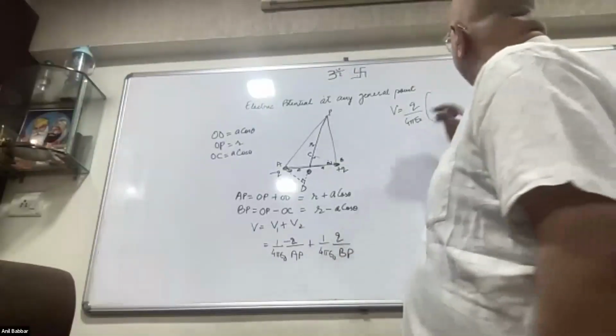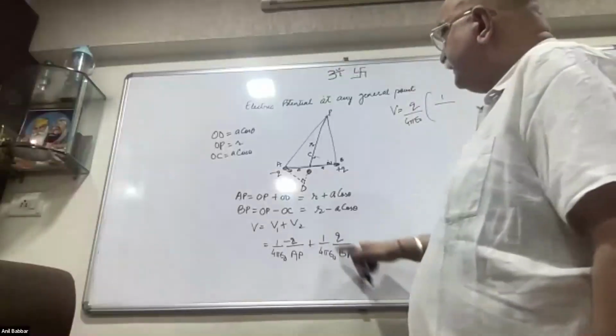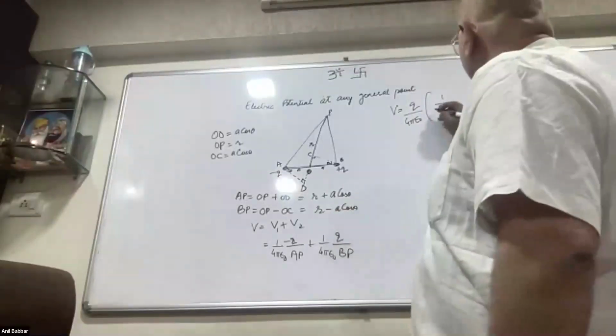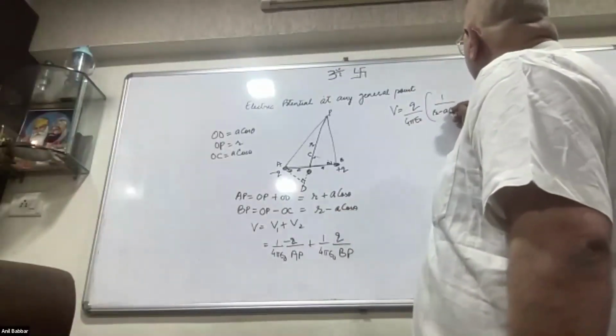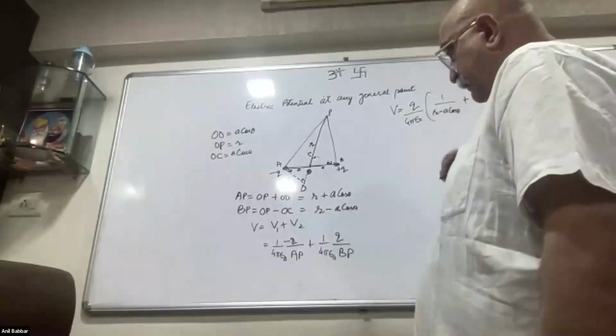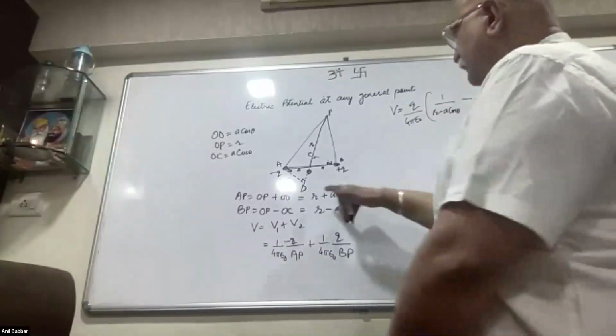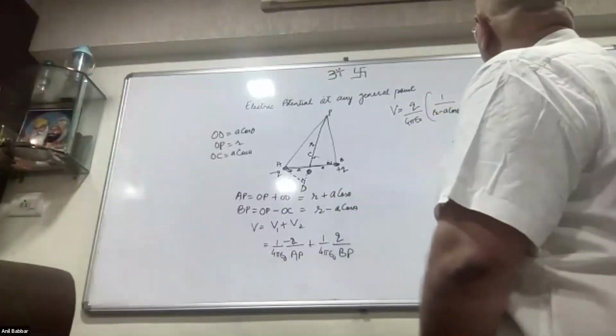So Q by BP, and 1 upon BP is R minus A cos theta, minus 1 upon this, which is R plus A cos theta.